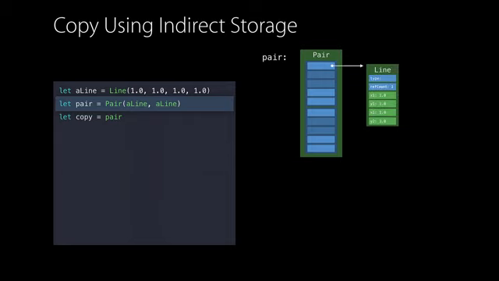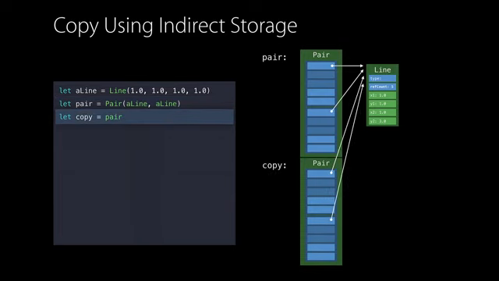This time, only the references to the line storage are copied. When we come to copy our line, again, only the references are copied and the reference count is incremented. This is a lot cheaper than heap allocation. It's a good trade-off to make.